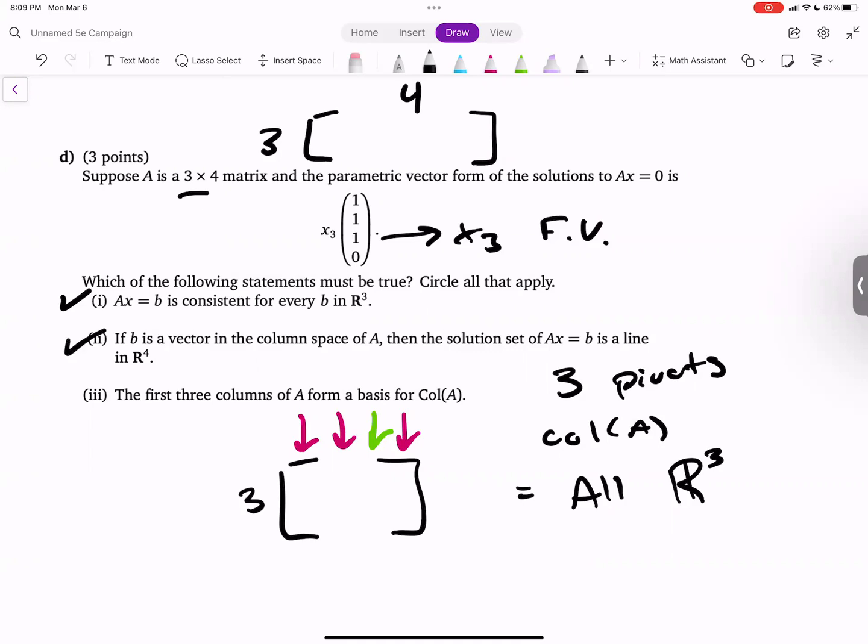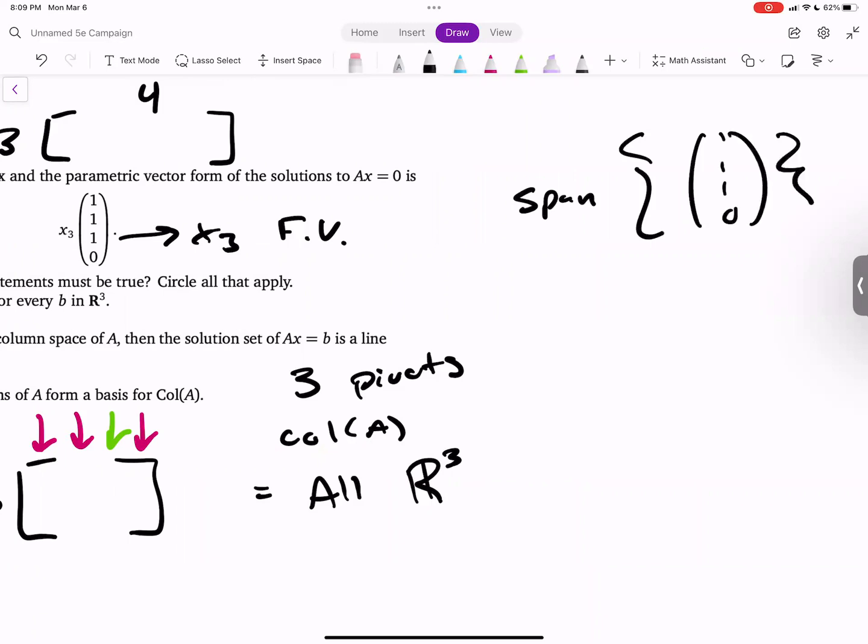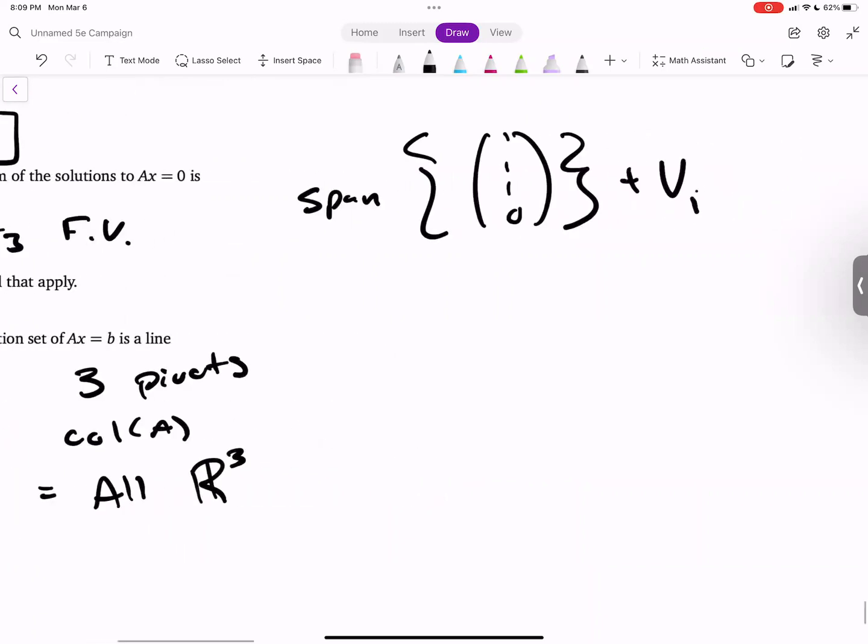Let me double check their solutions. Yeah, this is true, because any solution is going to be the span of 1, 1, 1, 0 plus V particular. So it's always going to be a line shifted by some amount.